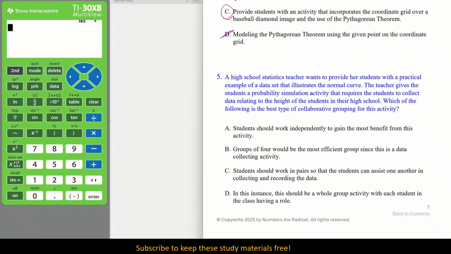Now you've got to think about the situation and what would be most practical. We're talking about an activity where you give them a certain amount of time, and how would that best be used? So let's look at A, B, C, and D. A: students should work independently to gain the most benefit.